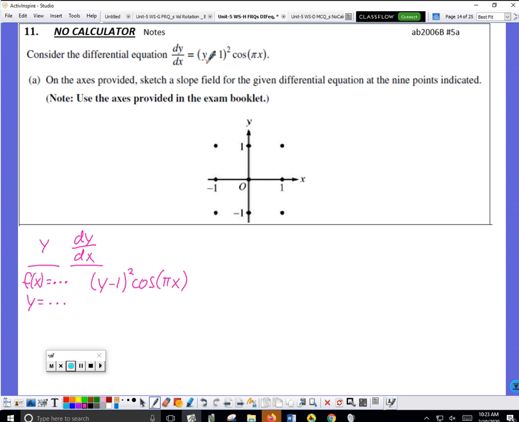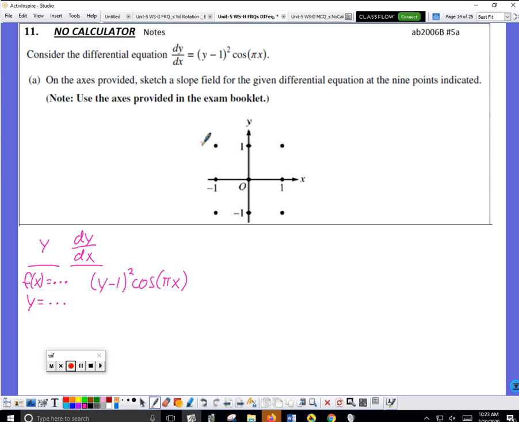Justin said choose y equal 1, because when y equals 1, this is going to be 0. So where on this graph is y equal 1? Just point on your picture. Where else? There we go. 2 points for Rachel. How many knew I should look here, here, and here?